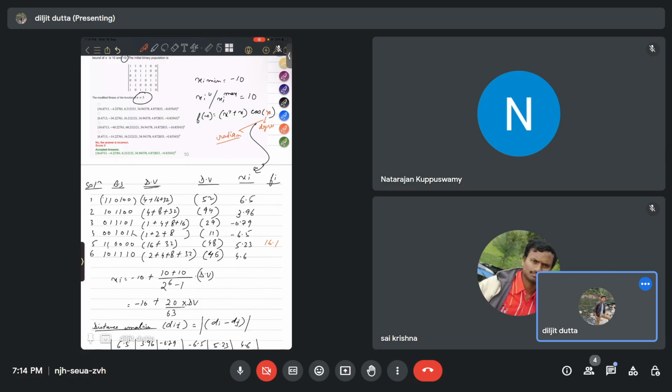Cos of 6.5 into 47.6. Next, we will do it for 3.96. 13.4.